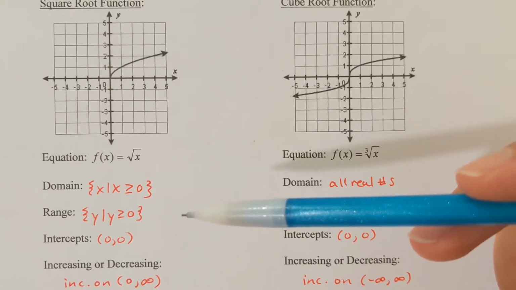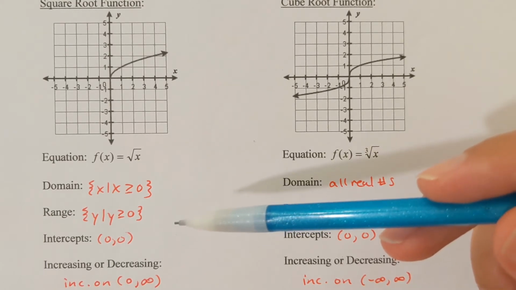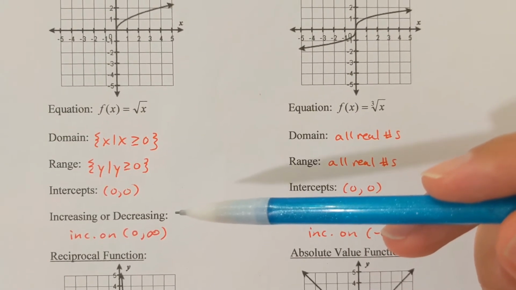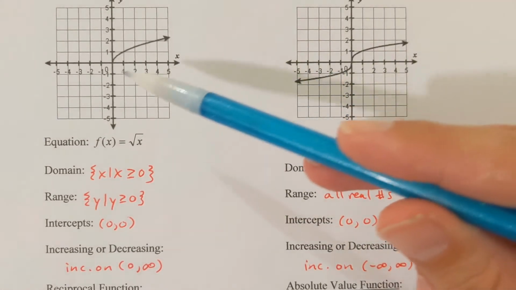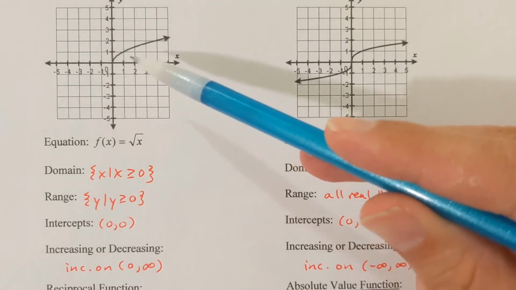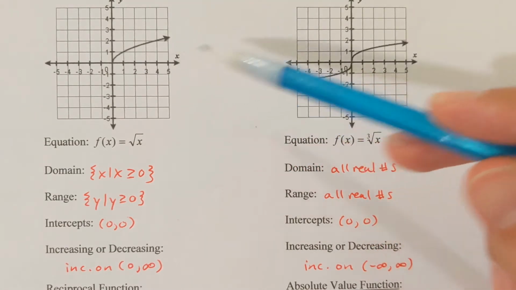But like the square root of 9 is 3, the square root of 16 is 4. Are we increasing or decreasing? So we're increasing on the interval 0 to infinity. The curve is constantly rising on the interval 0 to infinity.